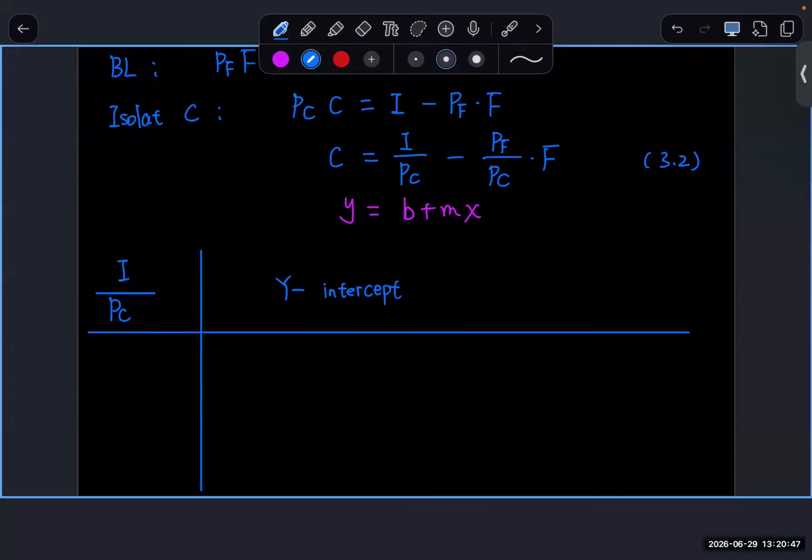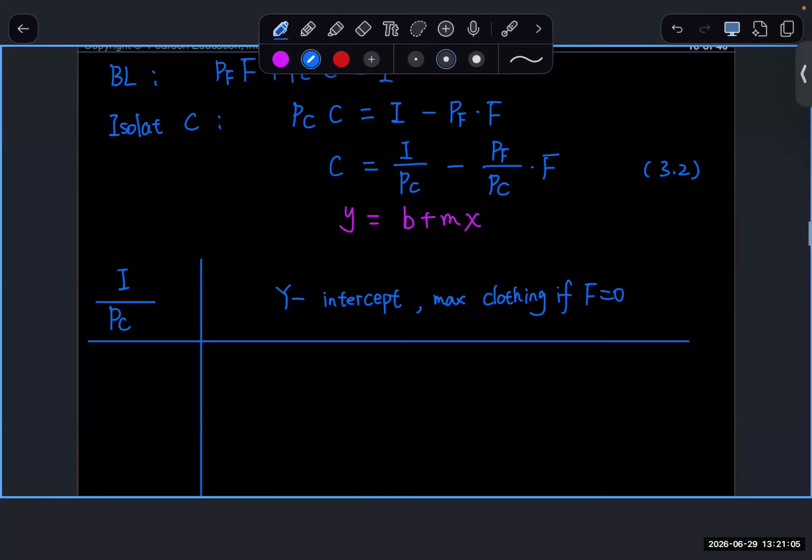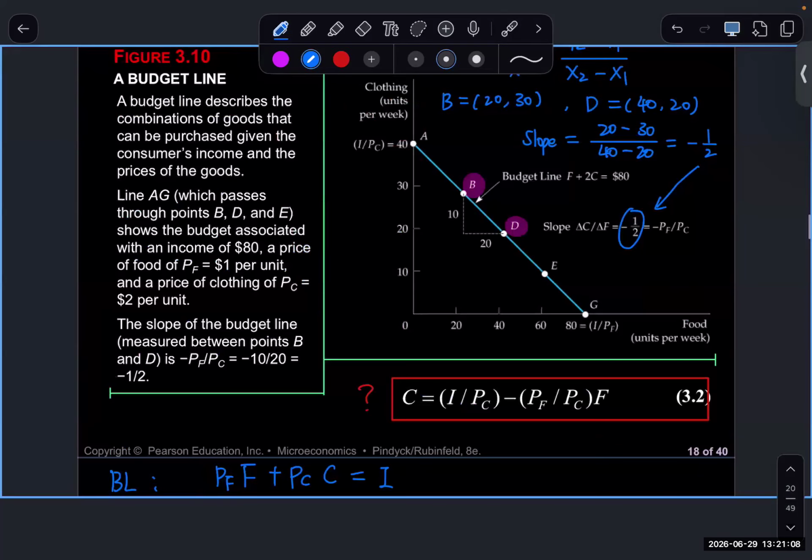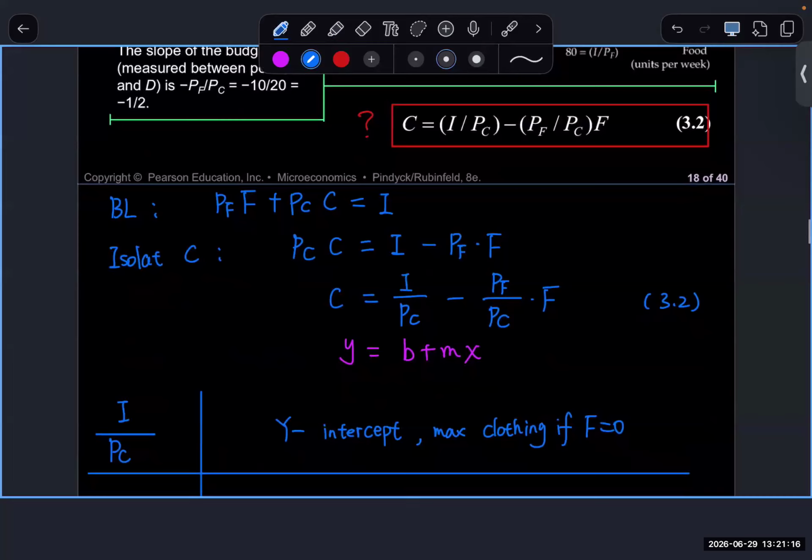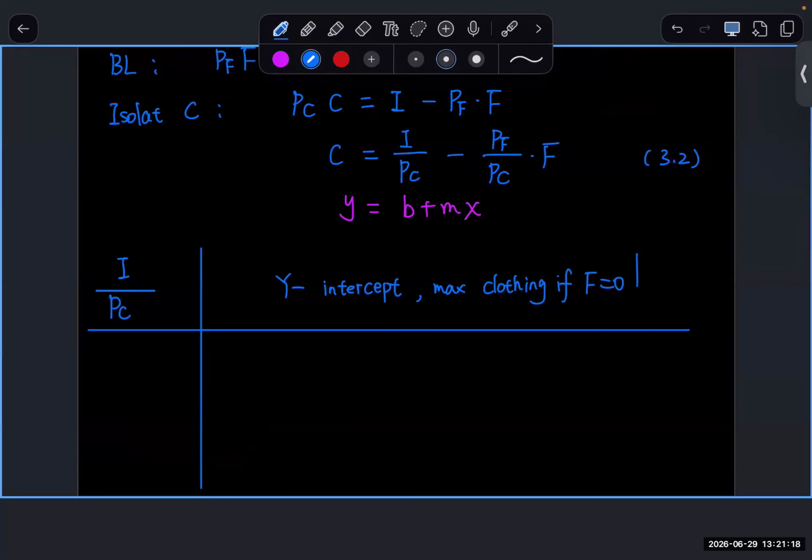That means max clothing if food equals 0. That means we spent our income all on clothing, right? Food equals 0. In our example here, see the line? I over PC equals what? 40, right? Which is the total income, 80 over 2 equals 40.